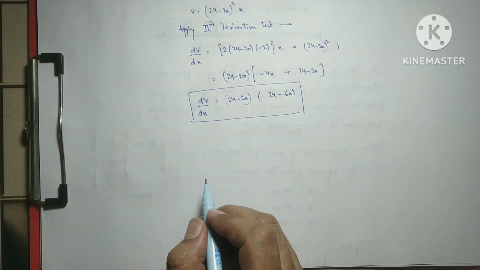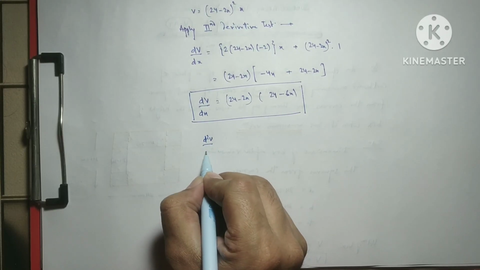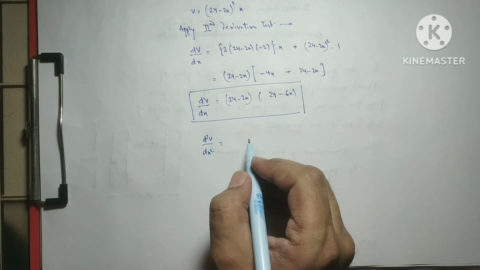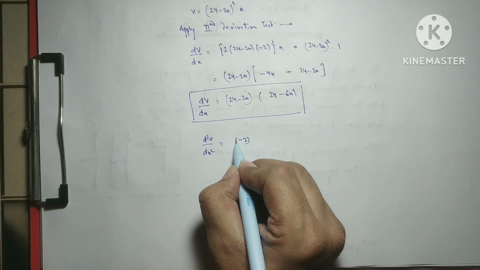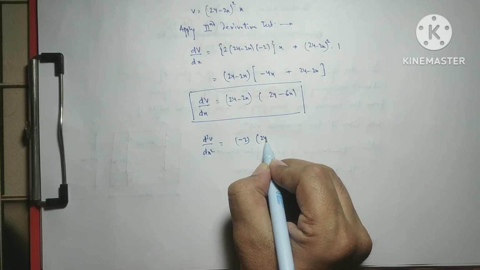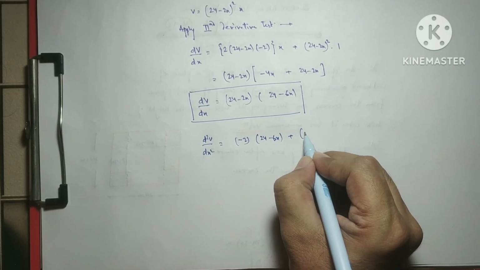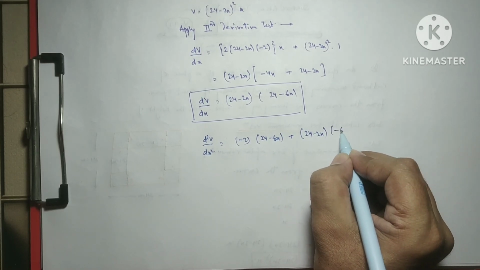Now we go for the second derivative, that is d2v over dx square. Again we use the product formula. We differentiate the first part, we get minus 2 and 24 minus 6x as it is, plus we get minus 6.